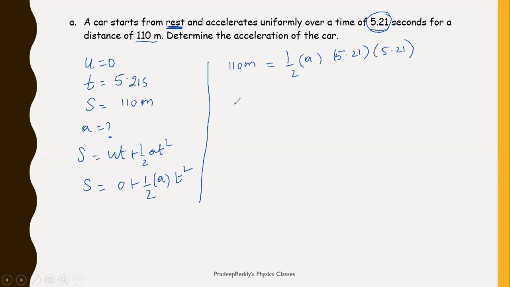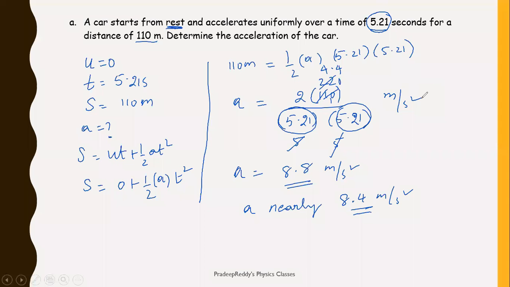From here you should find out the acceleration, that is 2 into 110 divided by 5.21 into 5.21, and this will be meter per second square. Calculate that value. The final answer, if you calculate that, will be nearly 8.4 meter per second square.